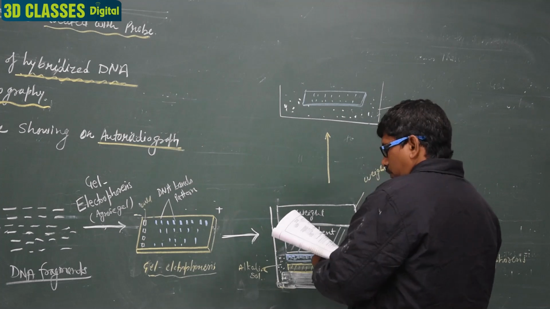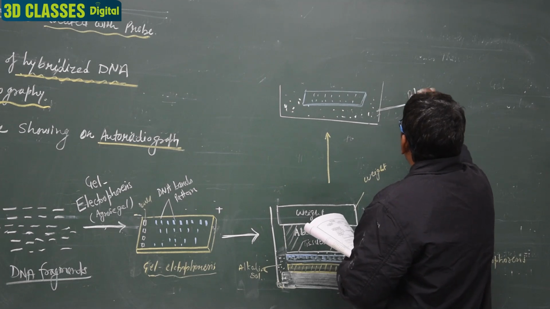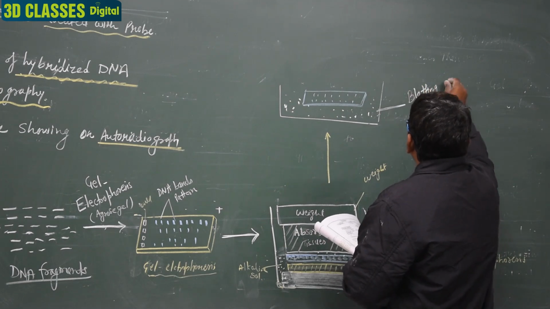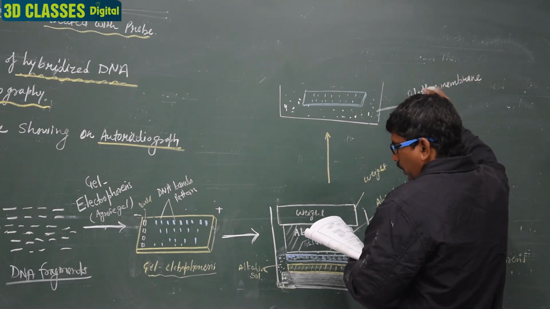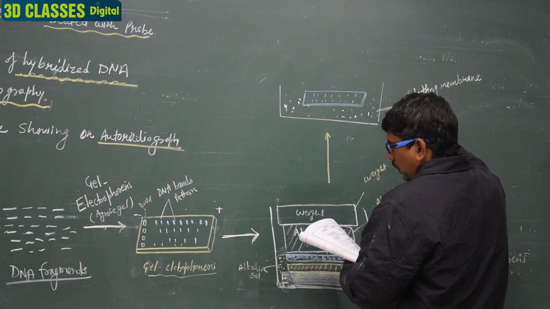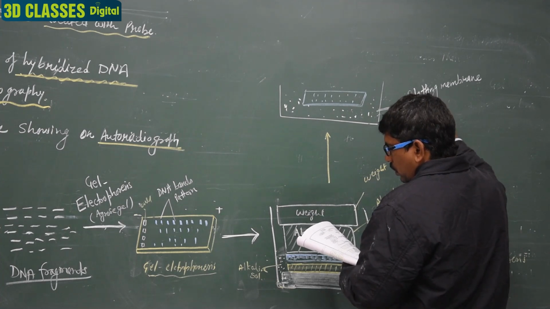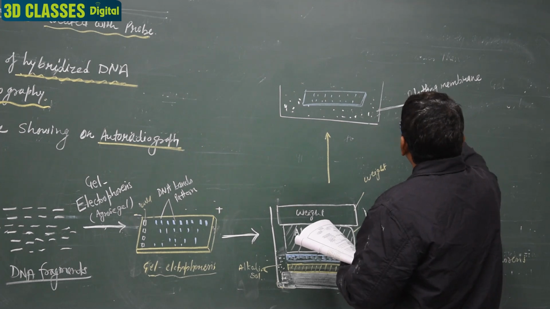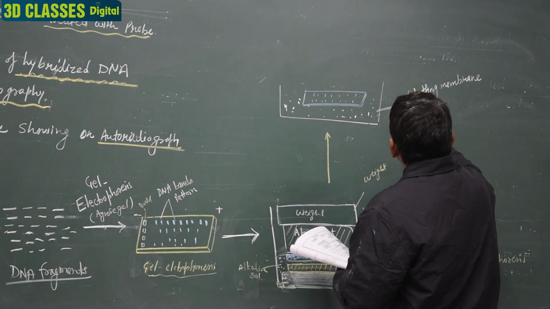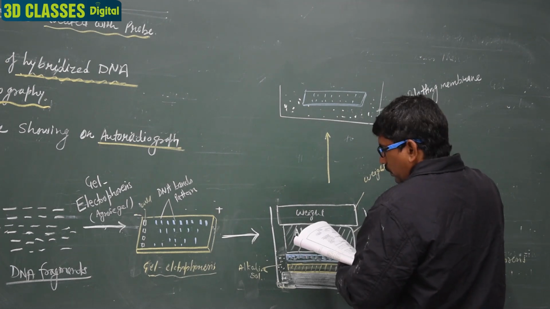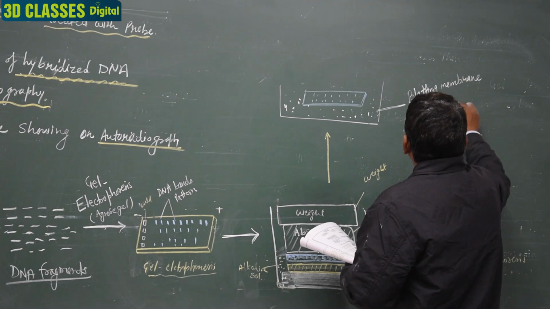So we can say blotting membrane, filter with the DNA fragments, blotting membrane hybridized with the labeled DNA probe. We can say first, blotting membrane with the DNA fragments.